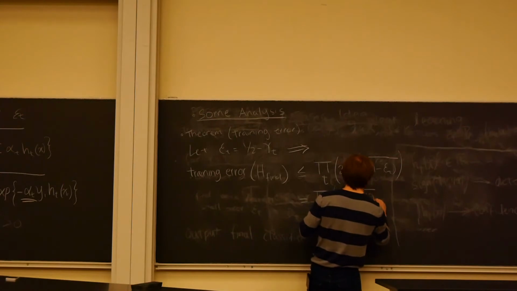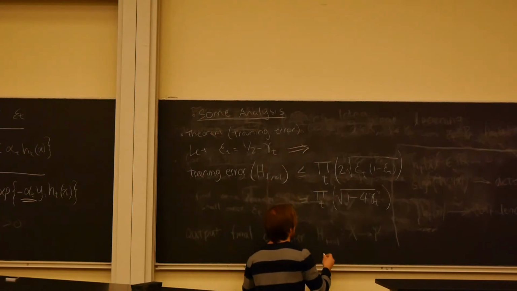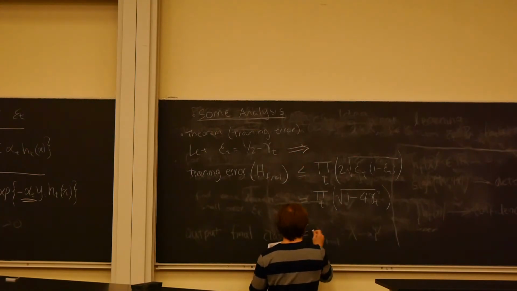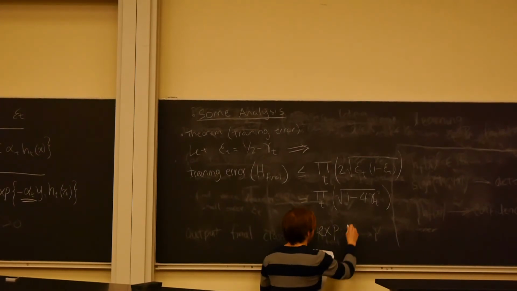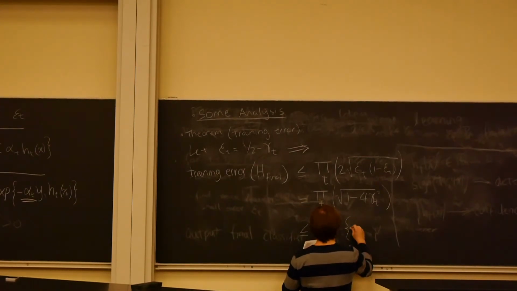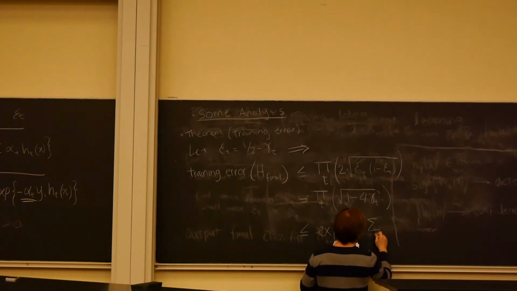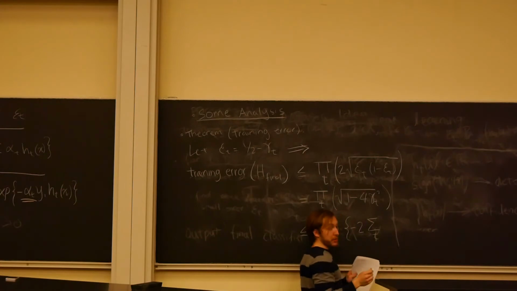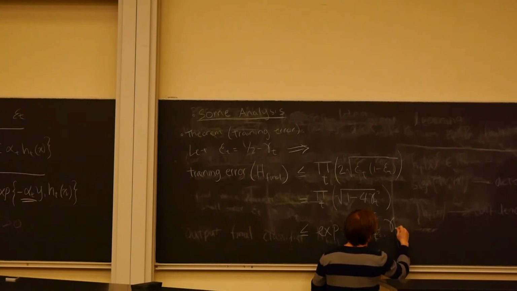So 1 minus 4 gamma sub t squared. And finally, we can bound this with the following. This is less than or equal to exp of -2 times the sum over all capital T rounds t of gamma sub t squared.